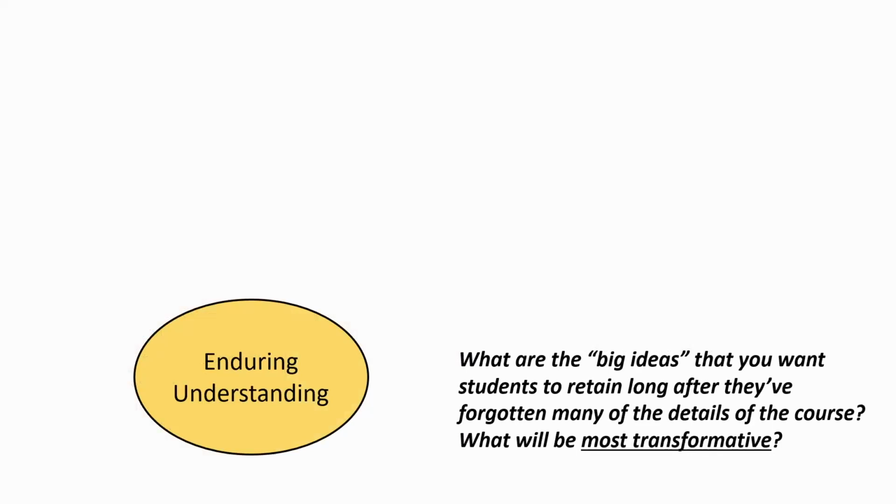The most important are the enduring understandings. I joked last time, what's most important in this course I teach on the Sacred Quest? Is it to remember the dates of the Babylonian exile? I'm delighted if you remember the dates of the Babylonian exile, but it's not one of the enduring understandings I'm going for.